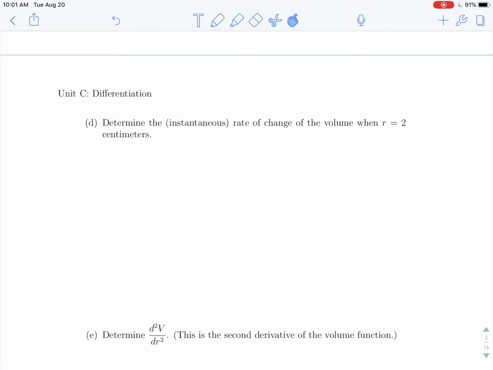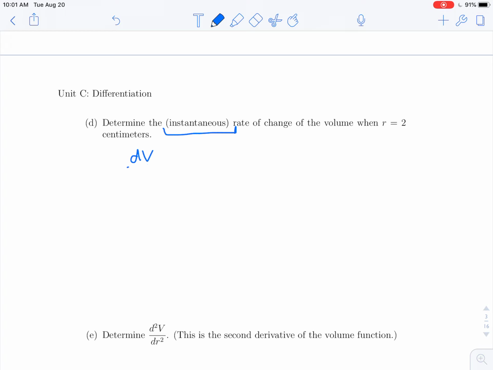Part D says determine the instantaneous rate of change of the volume when r equals 2 centimeters. I put the instantaneous in parentheses because it means the same thing regardless of whether or not it's there. So if you just say determine the rate of change, that means determine the instantaneous rate of change. And both of those things mean determine the derivative when r equals 2 centimeters.